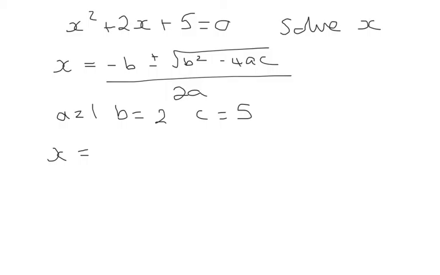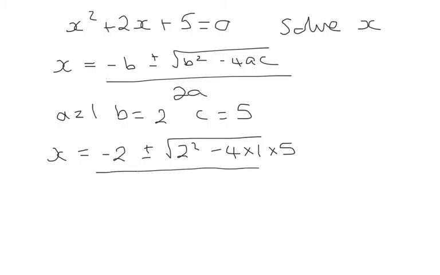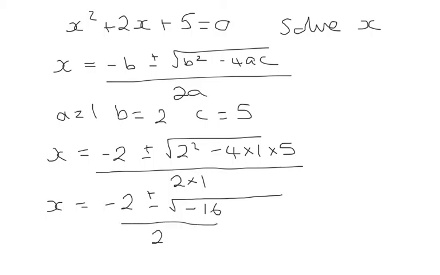Substituting these values, -2 plus minus square root of 2 squared subtract 4 times 1 times 5, all upon 2 times 1. Simplifying, we have -2 plus minus square root of 4 subtract 20, which is -16, all upon 2.